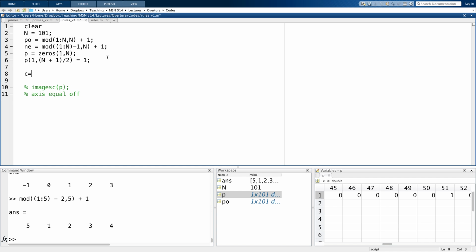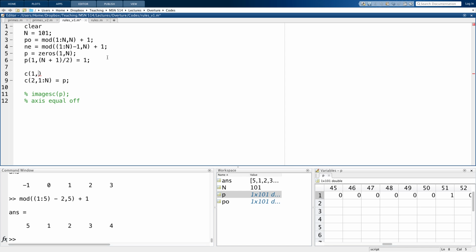Let's have a new vector that has the second row, all of its second row is P. All of its first row is, which one?